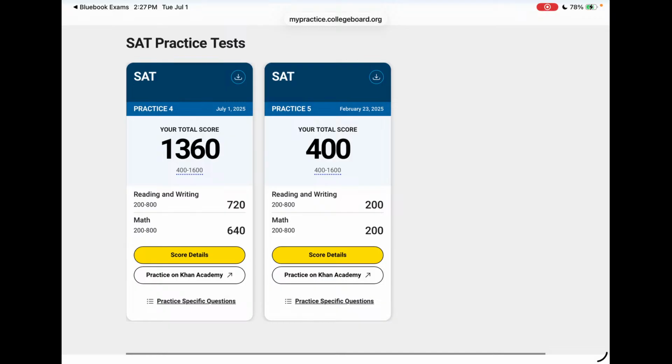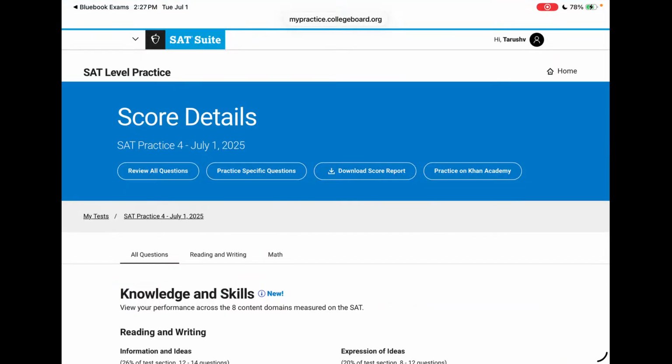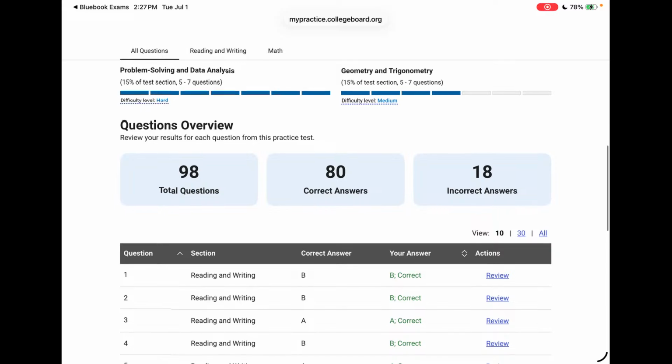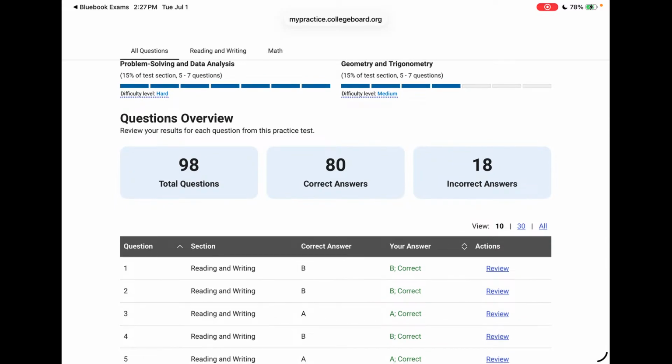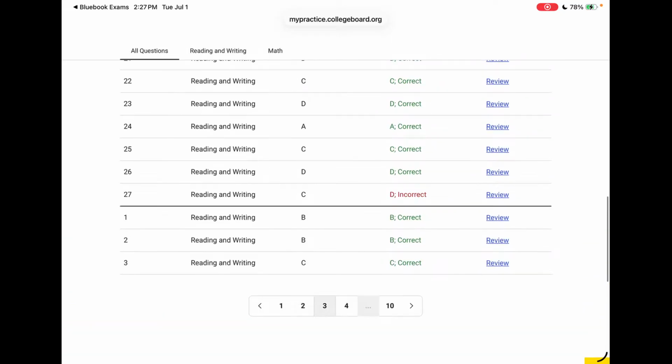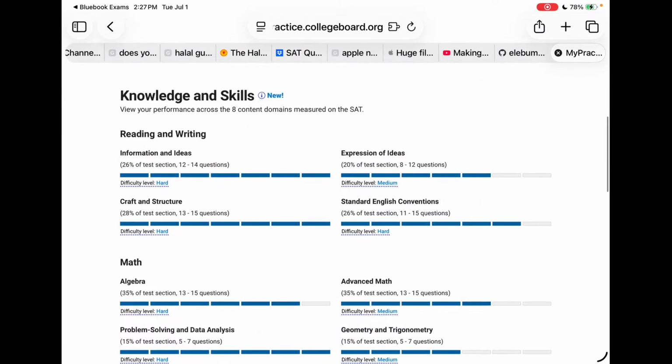I'm not gonna burn another practice test because we only get a few of those, so maybe have to do some practice. See our score report.